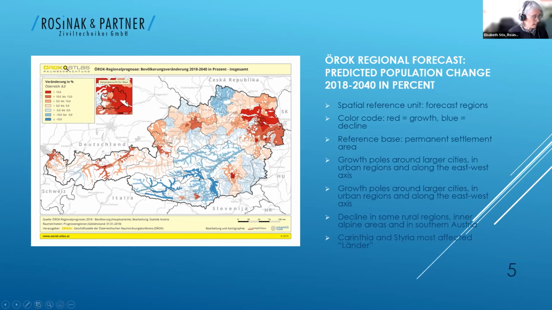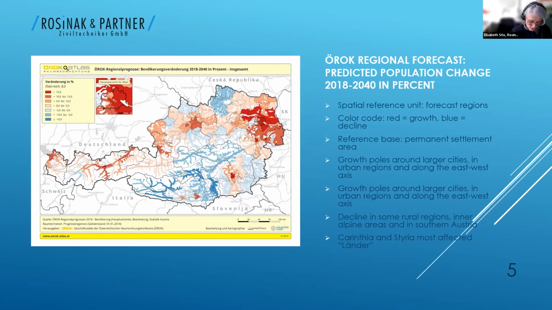That's why you see the valleys, and the mountains are more or less where you cannot settle, so it's white, and in the valleys you see the forecasted numbers. And it's more or less the same when we look back or when we look forward. We have those growth poles in the urban areas, but also quite strong growth in the mountain valleys of Tyrol, of Vorarlberg, and in the east, and we see decline in the south.